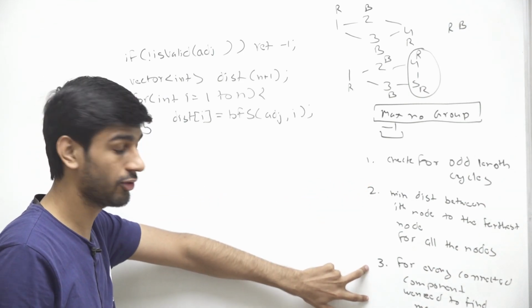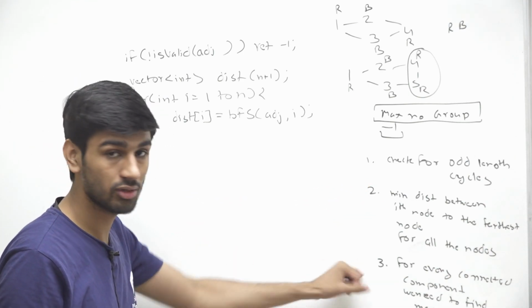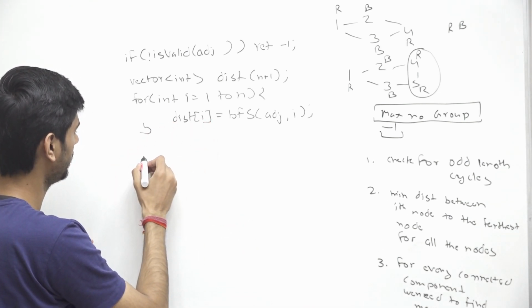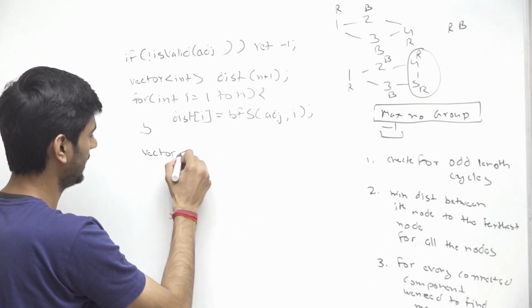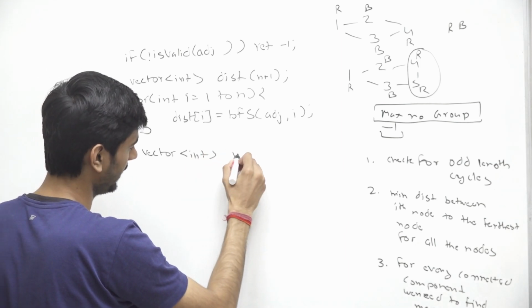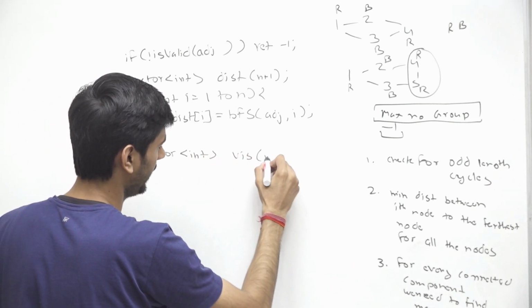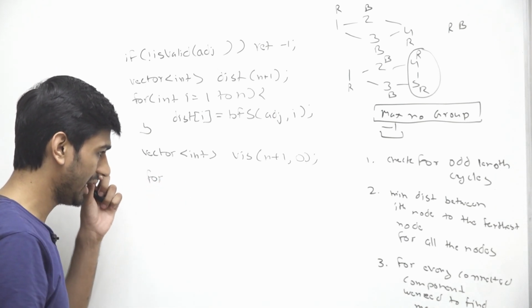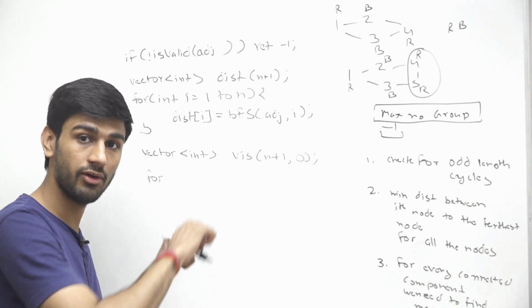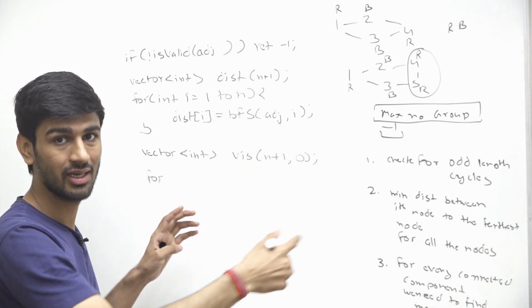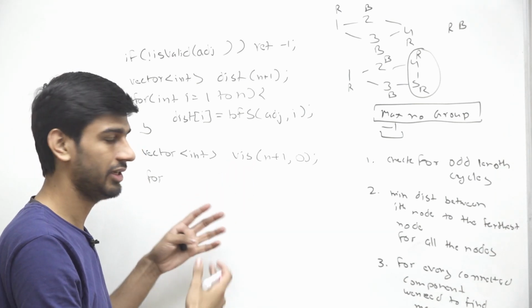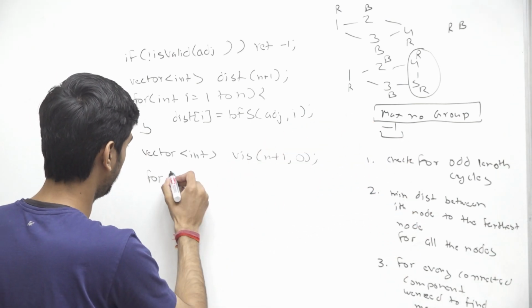Now for every connected component, we need to find the maximum value of this thing. For that, let's say we have a visited array, visited of n+1. Initially everything will be 0. Now for every node we can call a DFS, and whatever is connected we can cover that part and update it in the visited array, and then keep traversing all the components.